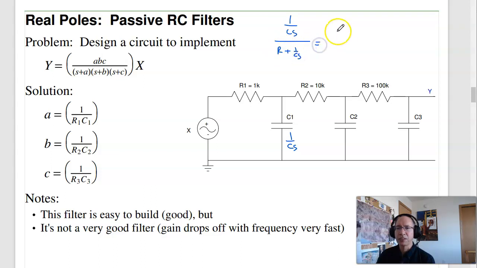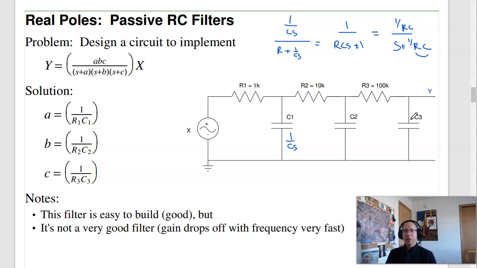Clear the fraction. It's 1 over RCS plus 1, or the way I like writing it, 1 over RC over S plus 1 over RC. So here's the pole. This 1 over RC is A, this 1 over RC is B, this 1 over RC is C.